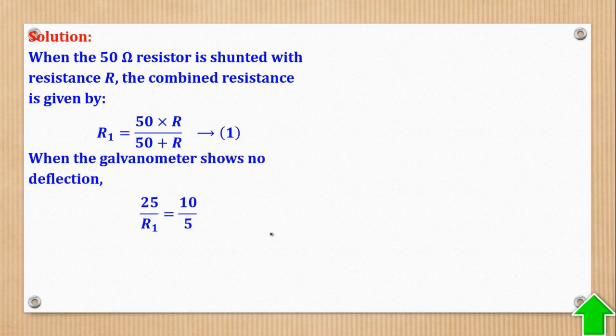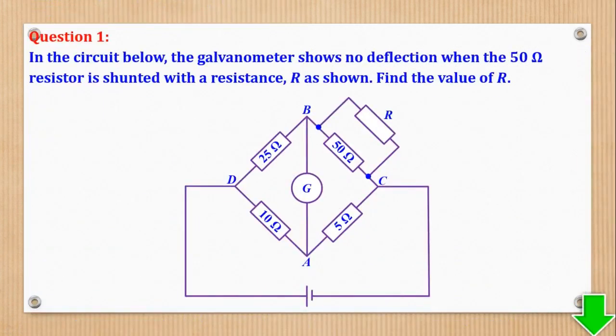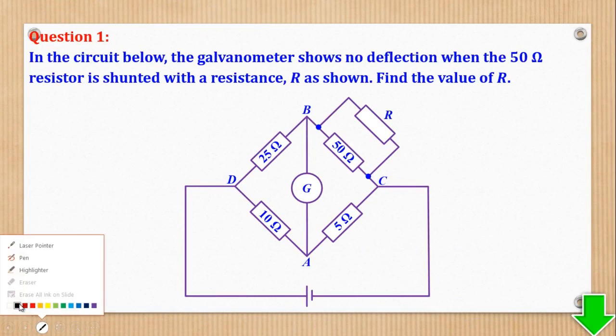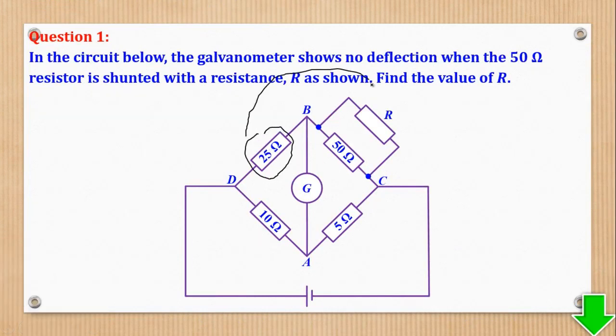So let's see how it comes about. Remember we said that for this to be balanced, what is here must be divided by what is here. And with this combined one being R1, that's why we say 25 over R1 equals what is here divided by what is here. That is why we said 10 over 5.